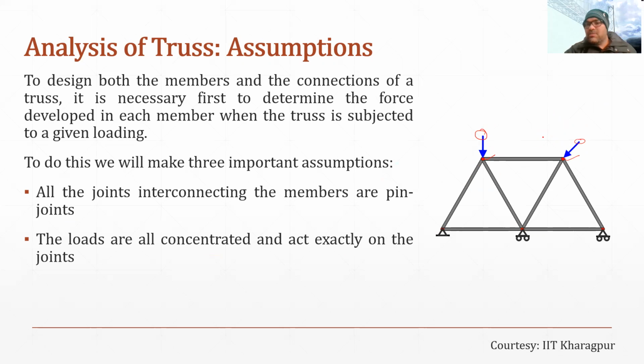If the load is coming on the joint like this, then it is okay. But if we apply load like this on the member, then it is not okay. So the load will always be coming on the joints of the truss.